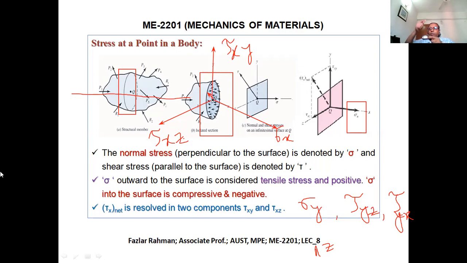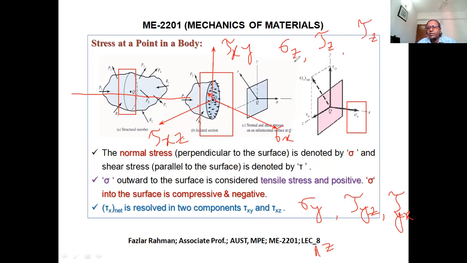So sigma y will be what? Vertical. The other one I can cut in the longitudinal direction. Along this direction will be sigma z. So if you cut in the longitudinal direction, then there will be sigma z, tau z, tau z.